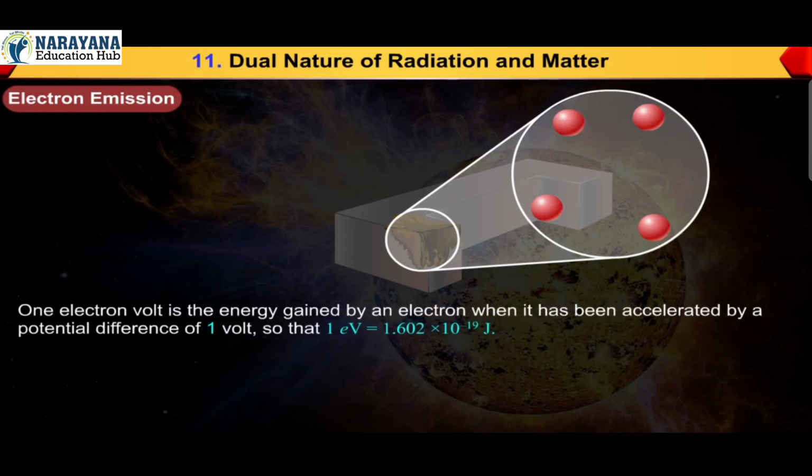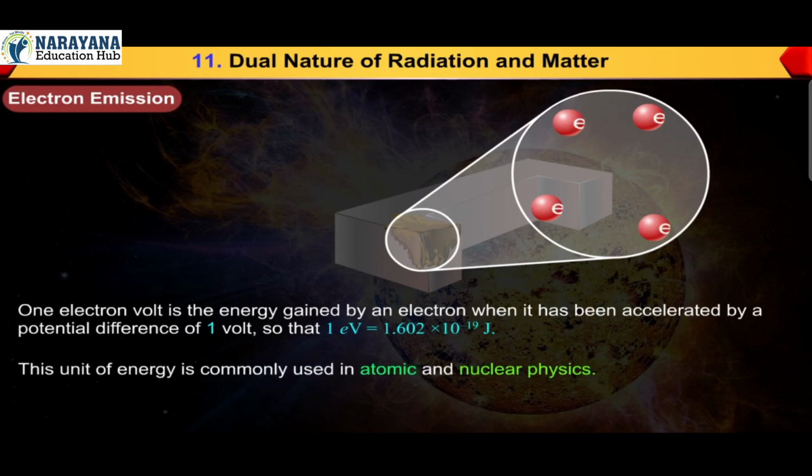1 electron volt is the energy gained by an electron when it has been accelerated by a potential difference of 1 volt, so that 1 electron volt is equal to 1.602 × 10^-19 joule. This unit of energy is commonly used in atomic and nuclear physics.